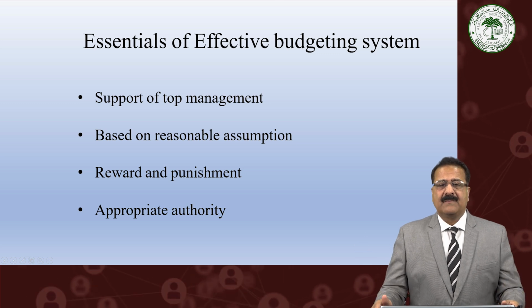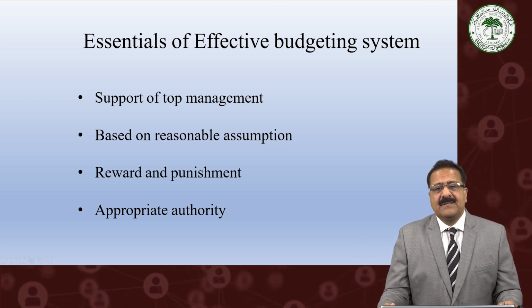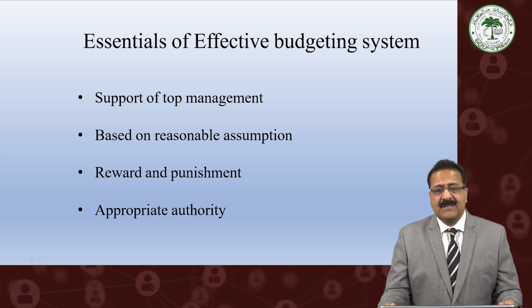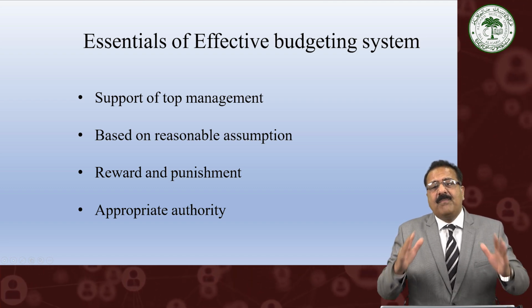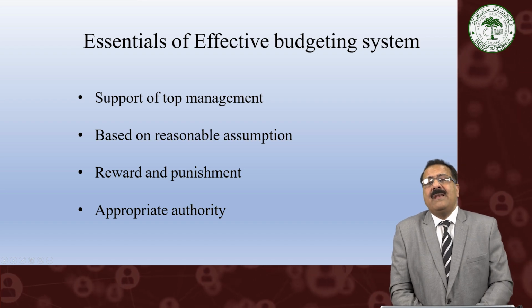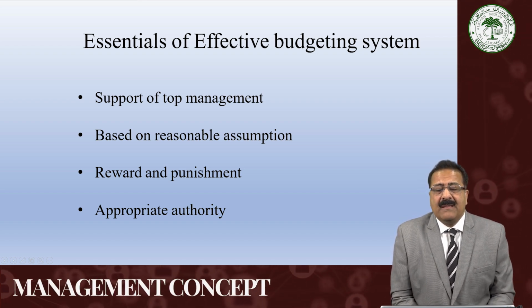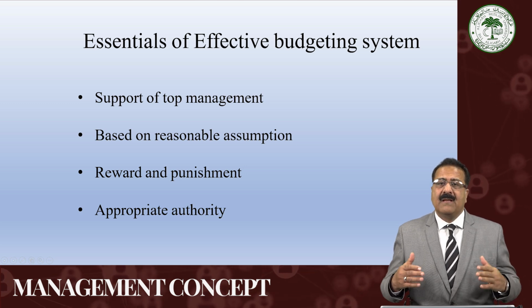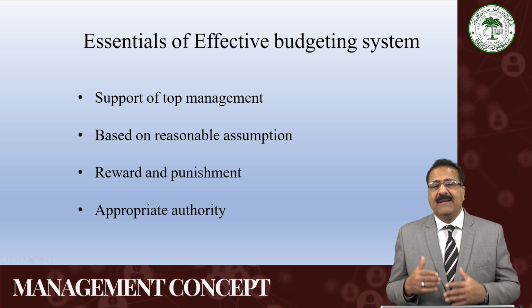So it is important. Also, if you want to make the budgeting system or budgetary control exercise successful, we need the support of the top management, because it is the top management, students, who will initiate this process, and if they support it, then the organization will be able to manage the affairs at the middle or the lower level.